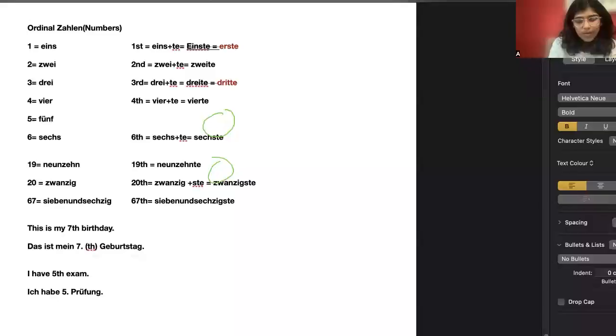Or I can also write, ich habe fünfte Prüfung. So these are two forms of writing it. I hope this topic is clear. In German, when we write Ordinal Zahlen, we normally present them by a dot. And the simple rule is that from 1 to 19, we put te, and from 20 onwards, we put ste.